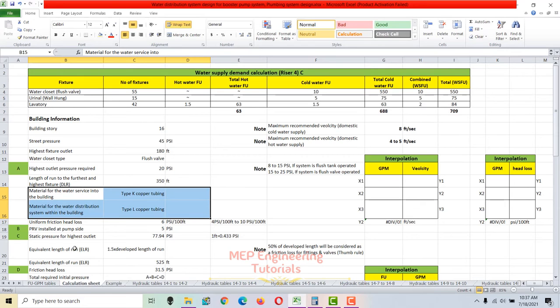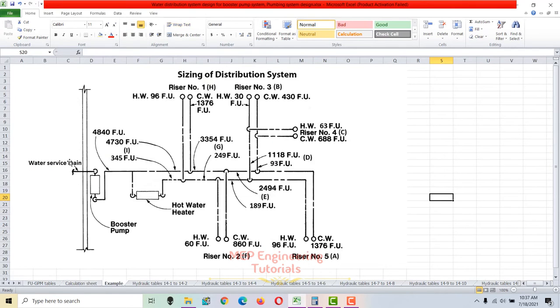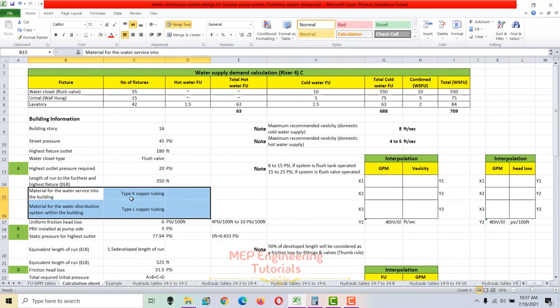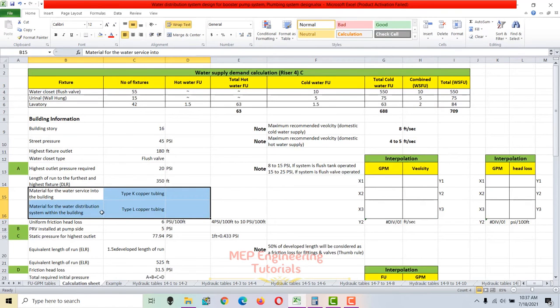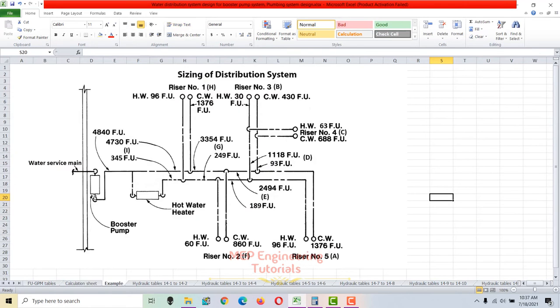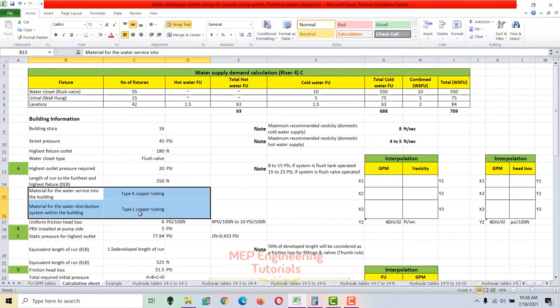Here, this is the water service, this is the street main, and this one we are talking about is type K copper tubing. And the material for the water distribution system within the building is type L copper tubing. So from the pump discharge within the building, the piping is of type L copper tubing.